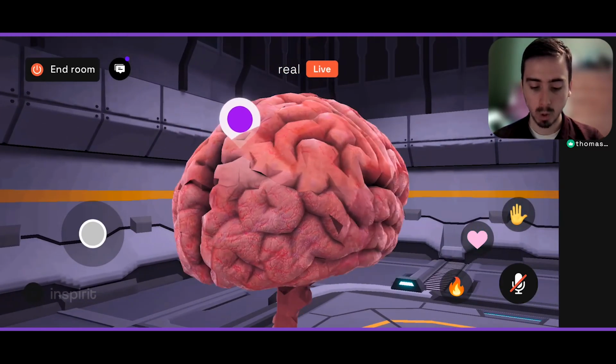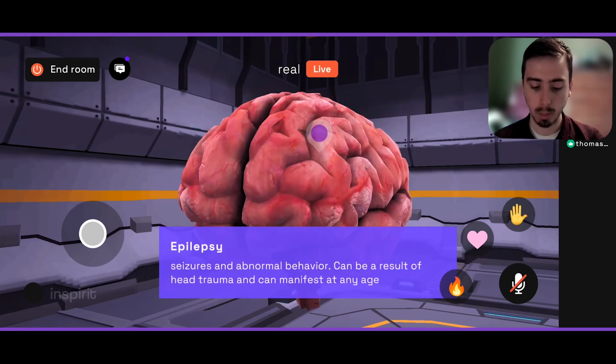And then we're going to move over to epilepsy. Now, epilepsy is basically seizures and abnormal behavior a person may experience. This could be a result of head trauma that the person experienced, and it can manifest at any age.